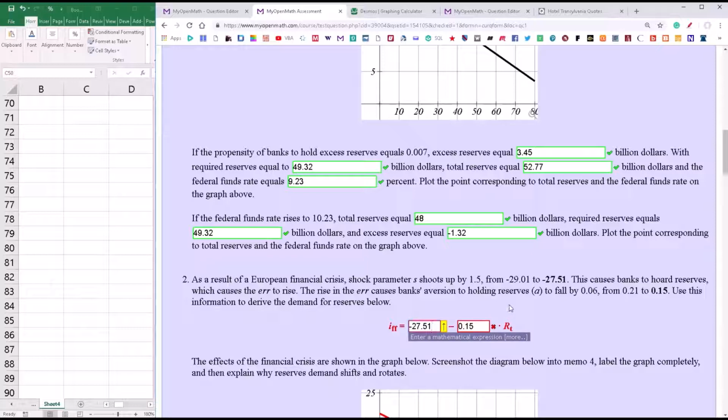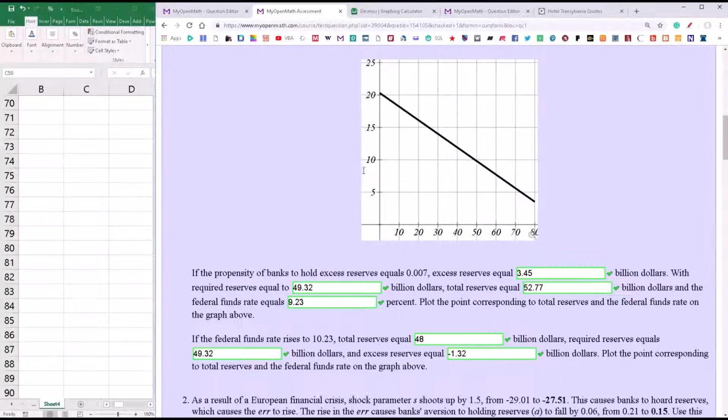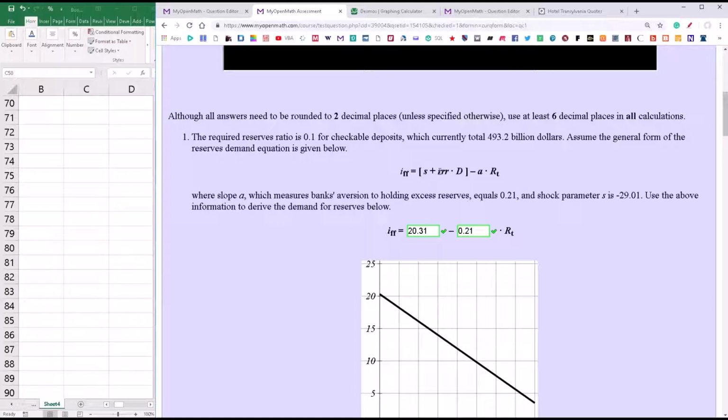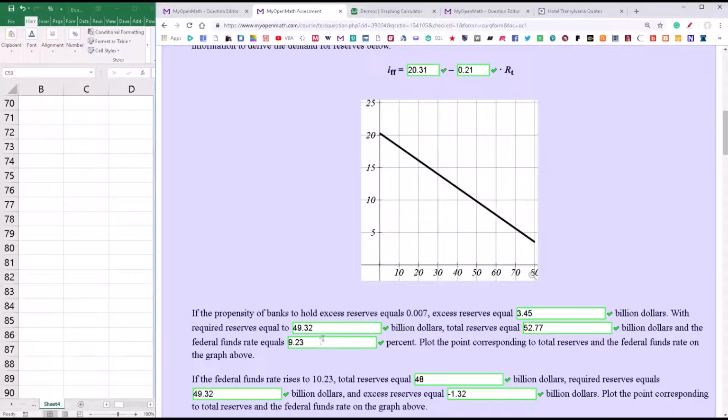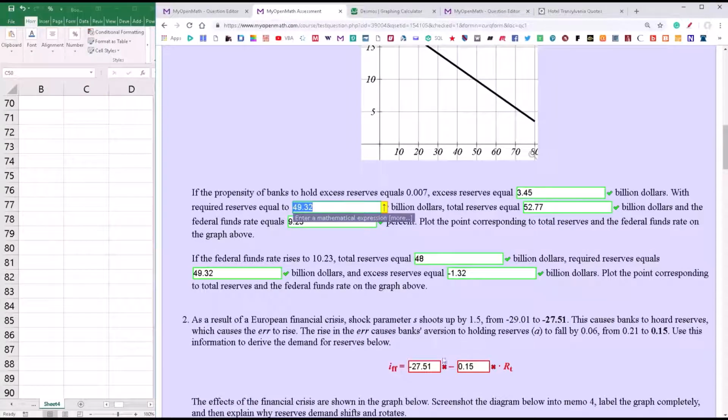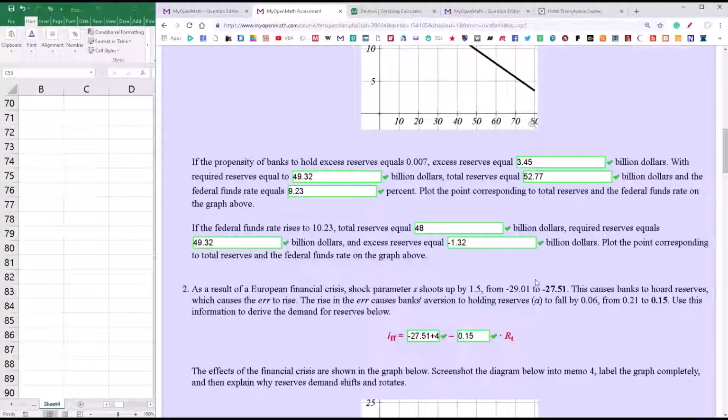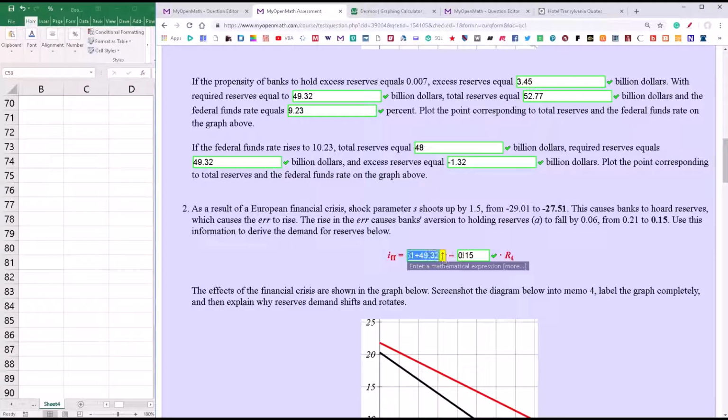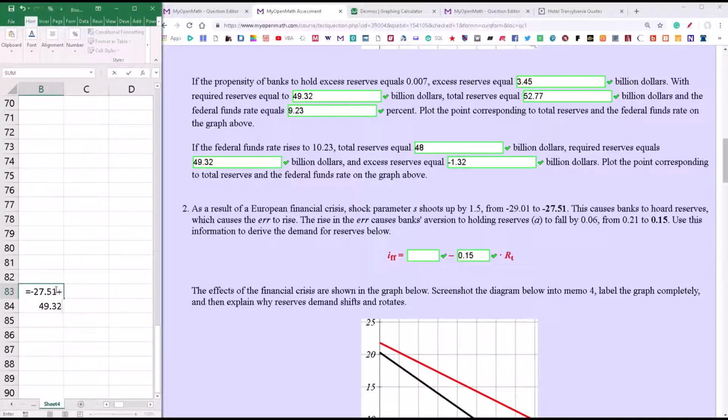And ceteris paribus, required reserves, right here, the reserve requirement ratio, 10% times 493.2, is 49.32. So we're going to add required reserves to that shock parameter. We hit enter and we should get it right. And we do. So let's go ahead and take this over to Excel and calculate it. So I just pasted it in Excel.